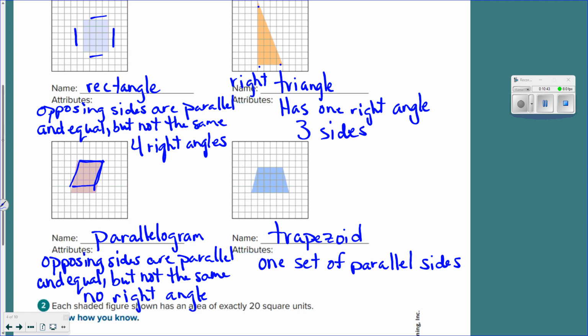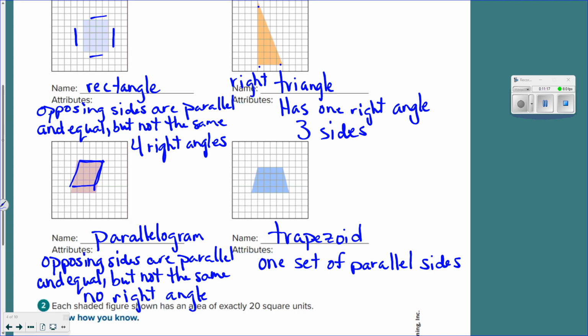If it only has one set of parallel sides, it's a trapezoid. When I get two sets of parallel sides, if both sides are parallel, then it's a parallelogram. And when both sides are parallel and there are also right angles, then it's a rectangle. If all 4 sides are the same and it's all right angles, then it's a square.